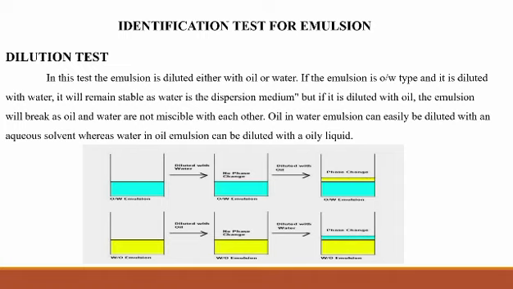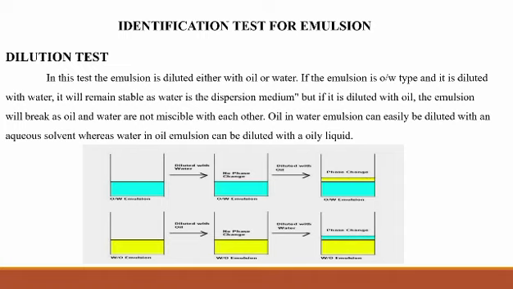We know that oil will be the dispersed phase and the water will be the dispersion medium. Once the emulsion is diluted with water, it will be the same. The oil will be the dispersed phase and the water will be the dispersion medium, and both the phases will be stable. There will be no changes in the phase. But once it is diluted with oil, there will be a change in the phase, because it will change to a water in oil emulsion.